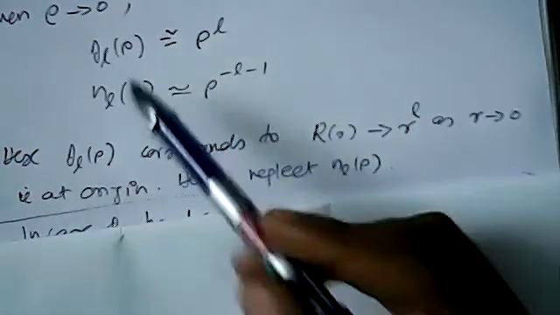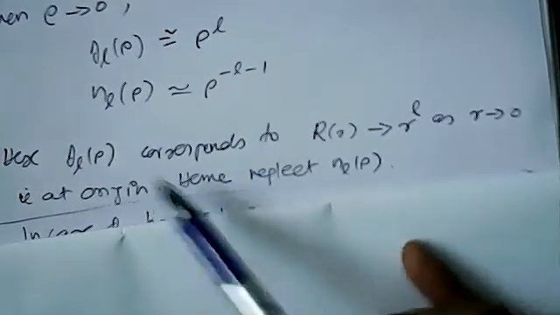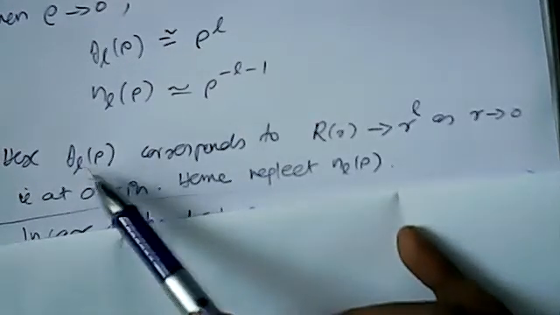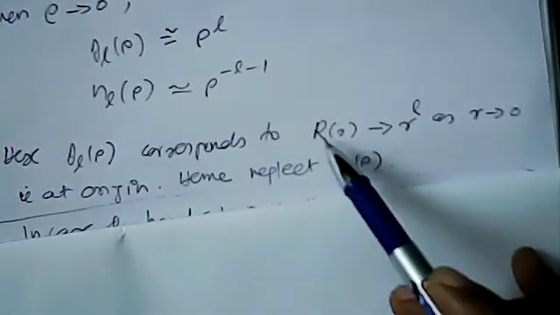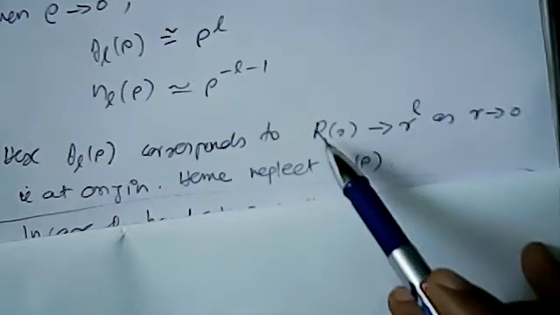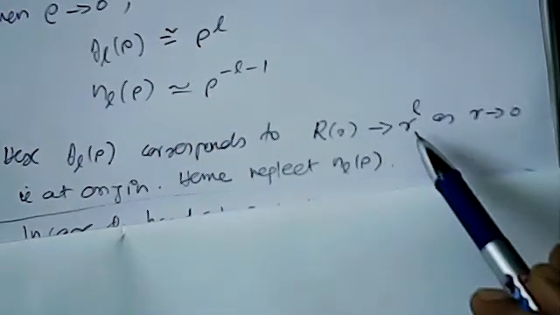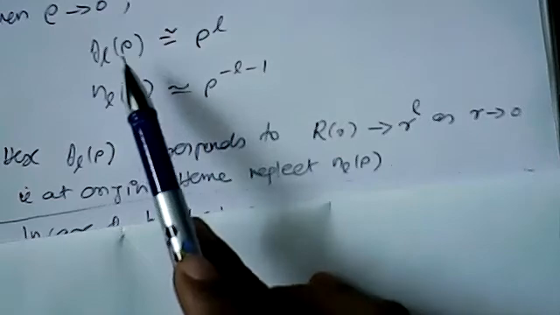Now here, these solutions: this J_L of rho corresponds to one condition, that the radial wave function is r to the power of L when r tends to 0. That means at the center, this solution is valid.